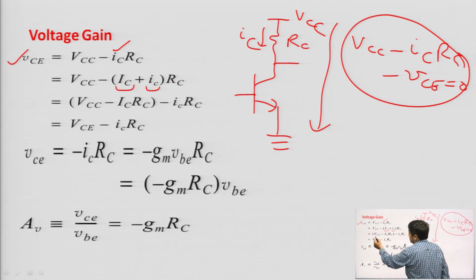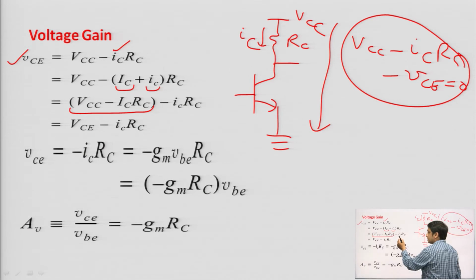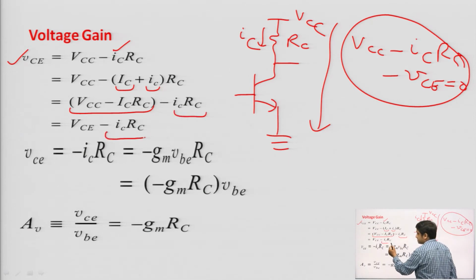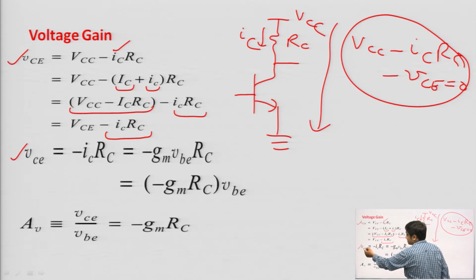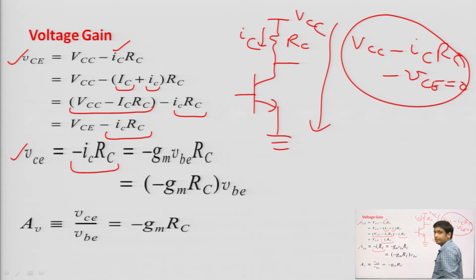So, from here just separate the DC component and the AC component. The AC component is minus IC into RC. So, your small v small c small e is minus IC into RC.